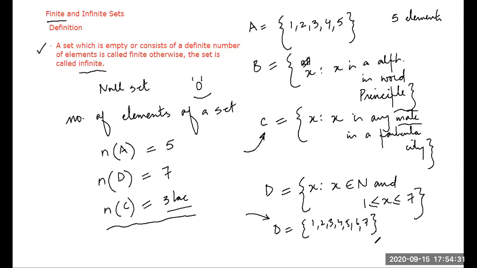Now let's talk about some infinite sets. The definition I've already written down: a set which has an uncountable number of elements is known as an infinite set. Now it's worthwhile to see, can we write infinite sets in roster form?